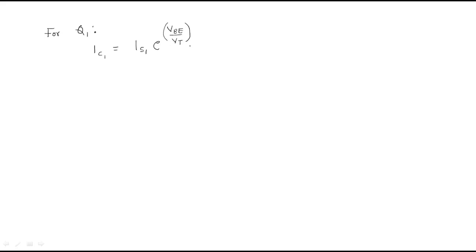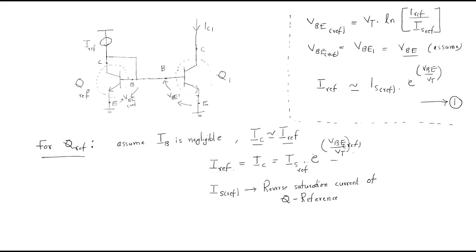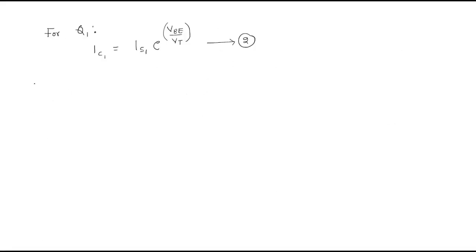VBE by VT. So for this is Q1 transistor, take it as the second equation. This is the first equation and this is the second equation. Our intention is, if you look at this transistor Q1, our load transistor must always be in the active region.